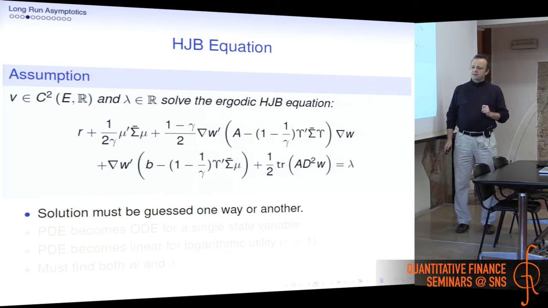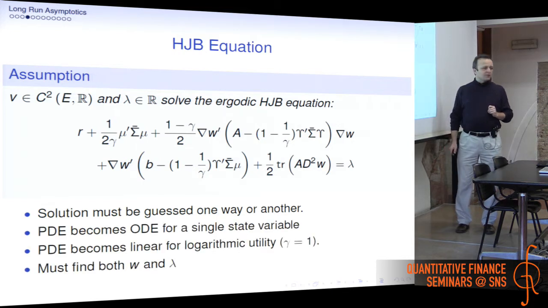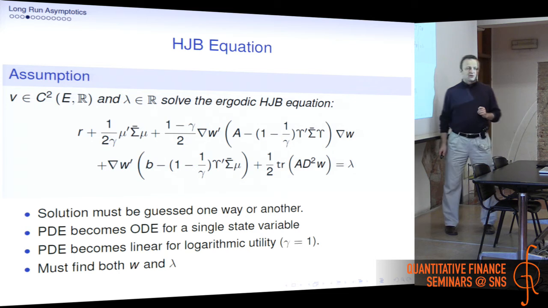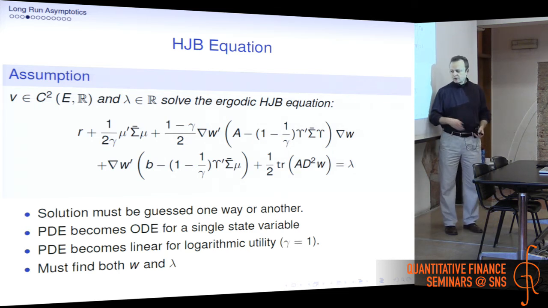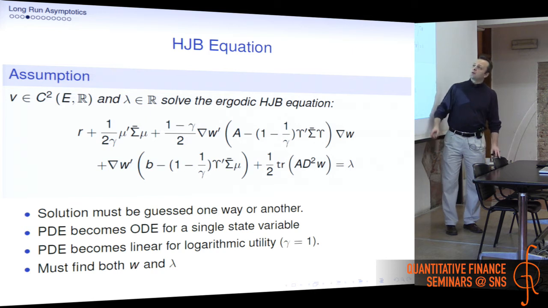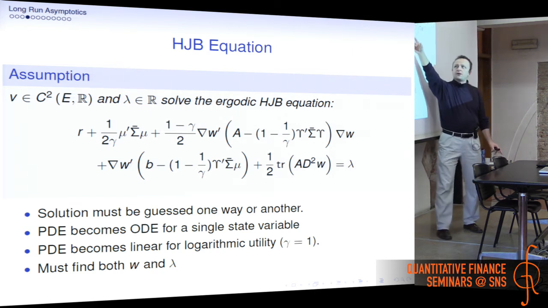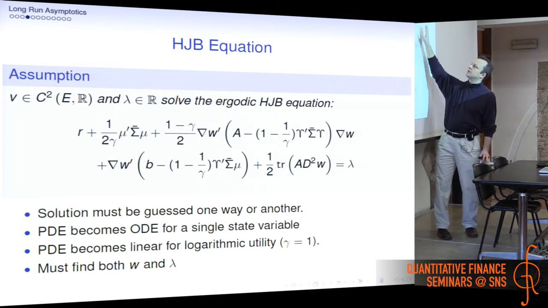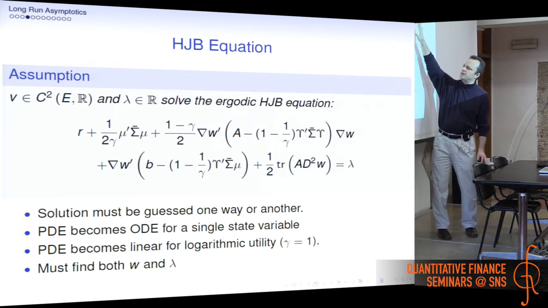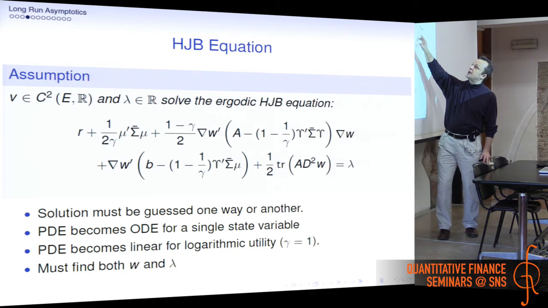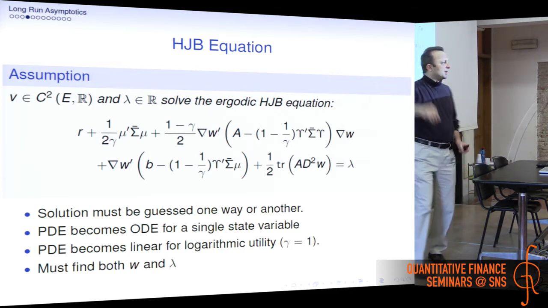So notice that this equation becomes nearly trivial when you're working with logarithmic utility. Okay? Logarithmic utility corresponds to gamma equal 1. If you take gamma equal 1, the nonlinear term disappears, because here you have, no, sorry, the nonlinear term does not disappear here. But, yeah, it disappears because there is a gamma also here.